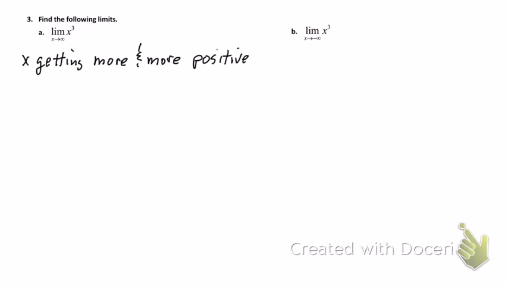What's y doing? Pick any positive number x and cube it. Y is getting bigger and bigger. So we could say that the limit as x approaches infinity of x cubed is positive infinity.